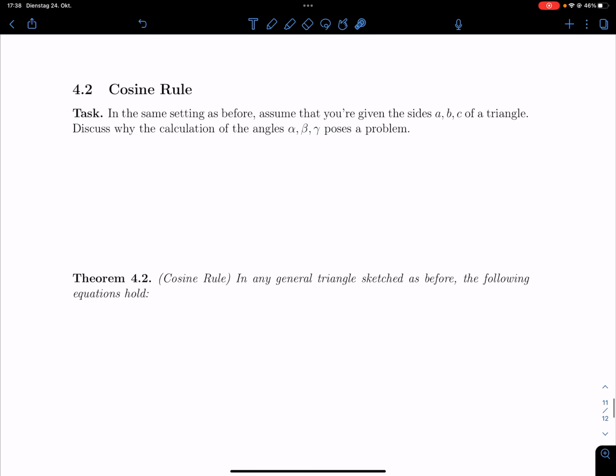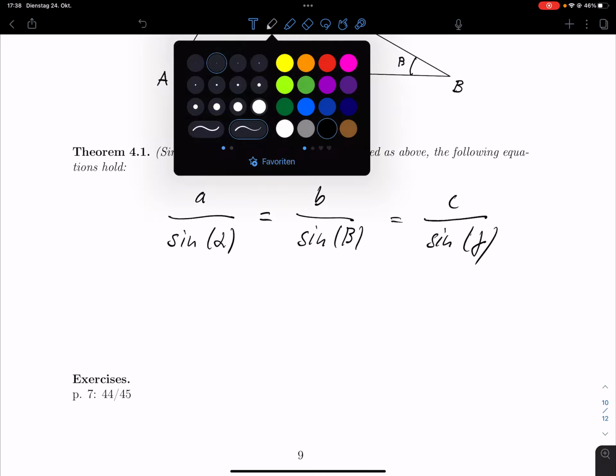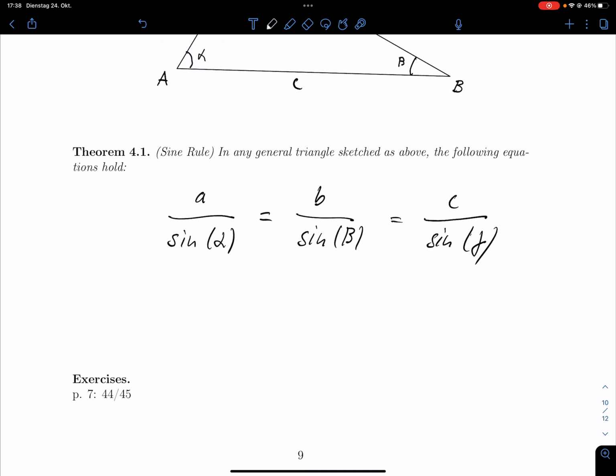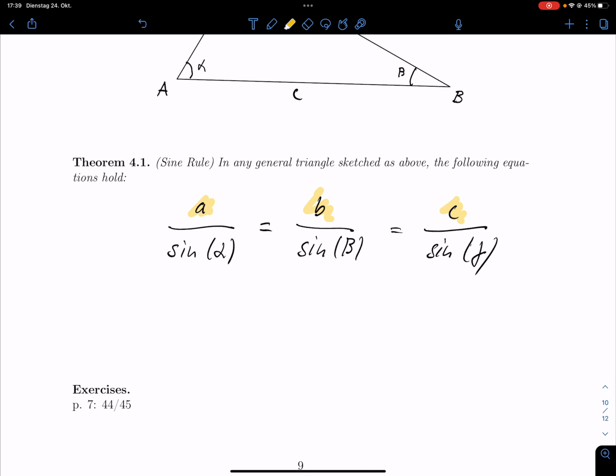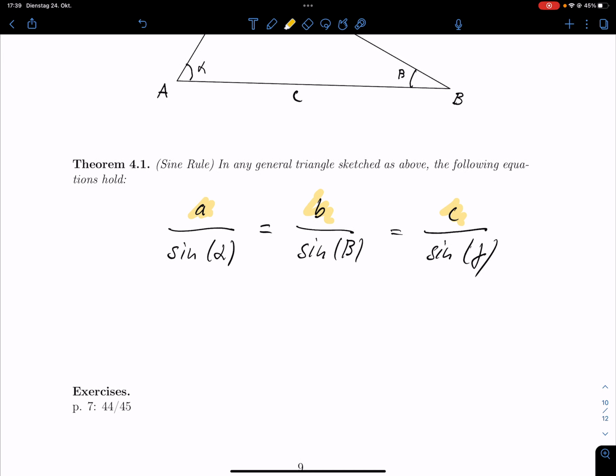What you have discovered in lesson 2 is that with this, if you're given all three sides, you're a little bit stuck, because if I give you A, B, and C, you can construct the triangle if it's possible, but there's no way to obtain the values of alpha, beta, or gamma.